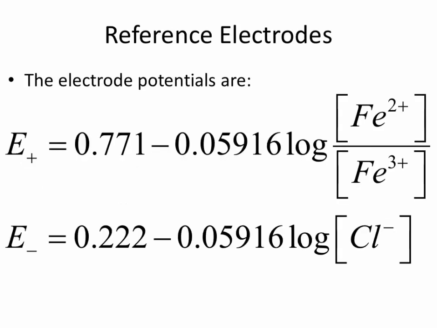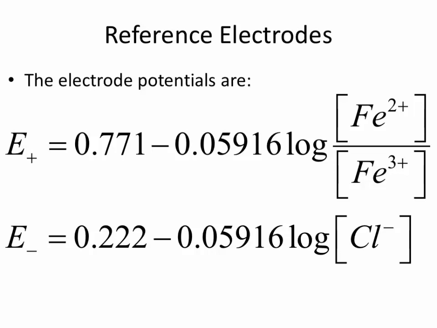Now we can write expressions for the electrode potentials. For the cathode, we then have E plus is equal to 0.771 volts minus 0.05916 volts times log of the ratio between the iron 2 concentration and the iron 3 concentration.